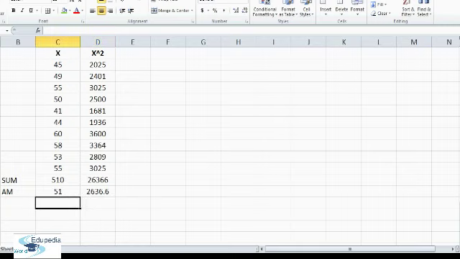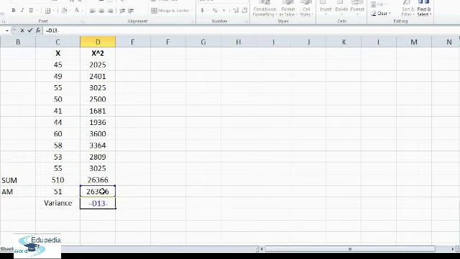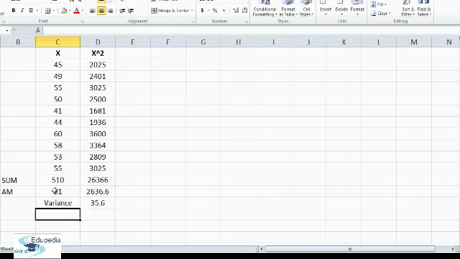Now to find the standard deviation, let me do that here. First, of course, the variance. Variance would be the mean of squares, which is this value, minus the square of the mean. This is my mean, and I need to take the square of this, so this raised to power 2. So again we have the same value of variance, which is 35.6. From here, finding standard deviation is simple.